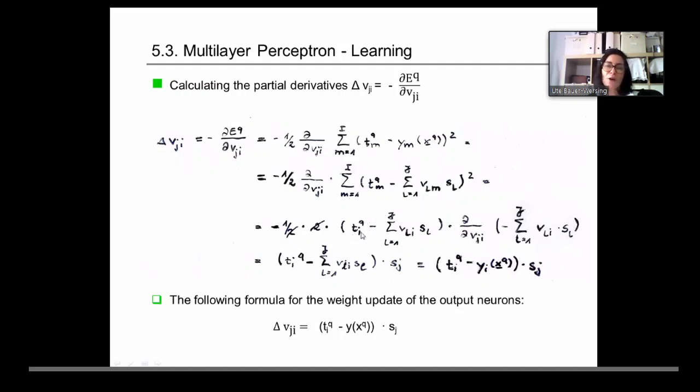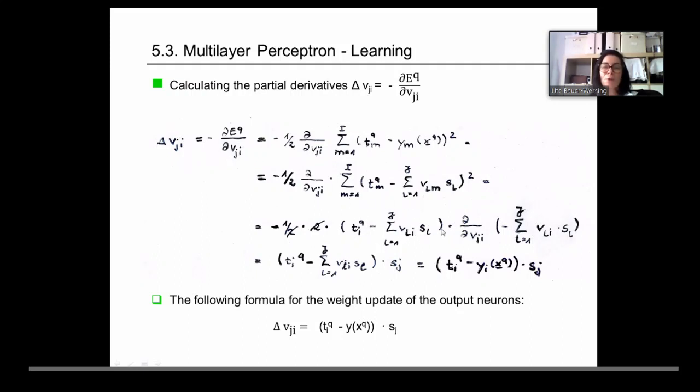So we have the target value for the neuron i, and we are subtracting the current output of this neuron, right? So that's the first step that we are taking. All the other terms in this sum are considered to be constant, because they don't contain Wji.